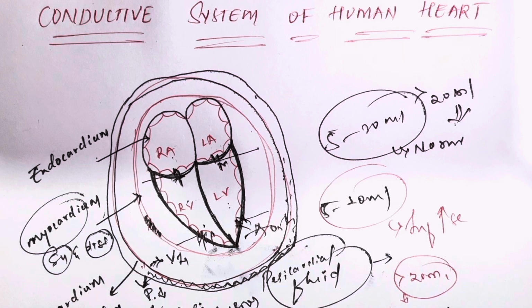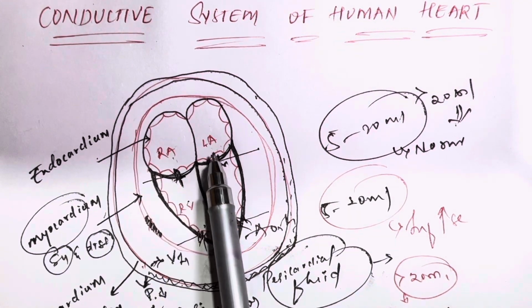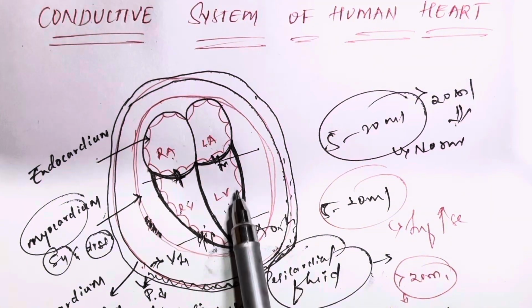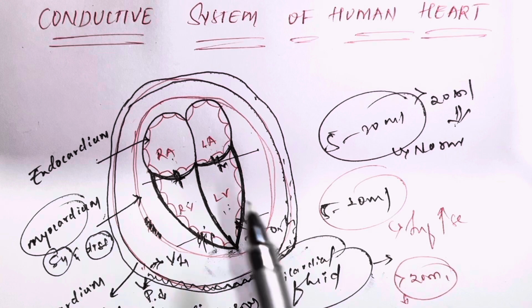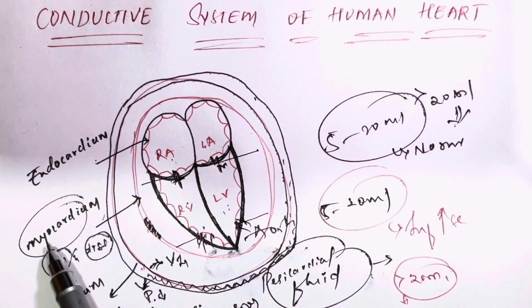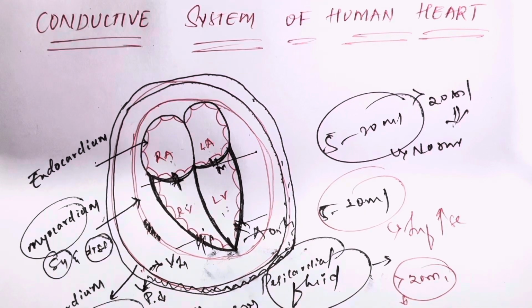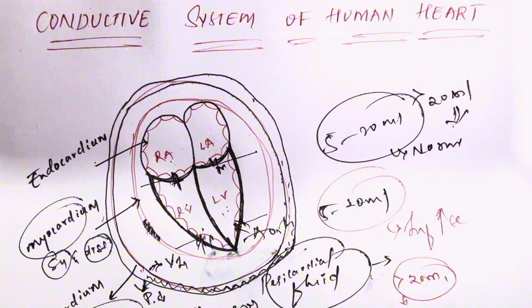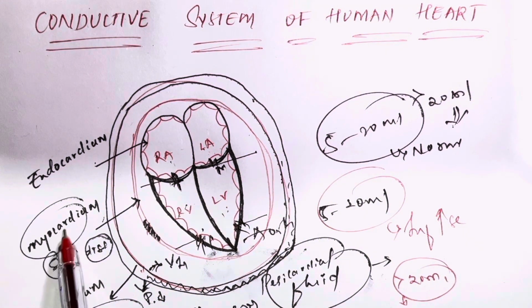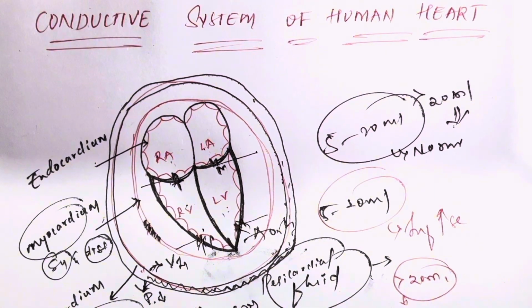This is the basic structure of the human heart: right atrium, right ventricle, left atrium, left ventricle. These two are atria, these two are ventricles. There are three layers: endocardium, myocardium, and pericardium. The endocardium is made up of epithelium, the myocardium of muscular tissue, and the pericardium of connective tissue. These are very important. For systole and diastole, the layer responsible is the myocardium.